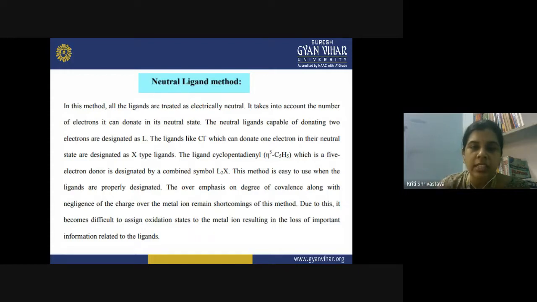So we are considering that the ligand is neutral, and we are performing all the calculations. Due to these shortcomings, you cannot assign the oxidation state to the metal ion, and so much other information you cannot get from this method, because you are not considering any charge. So this is the shortcoming of this method.